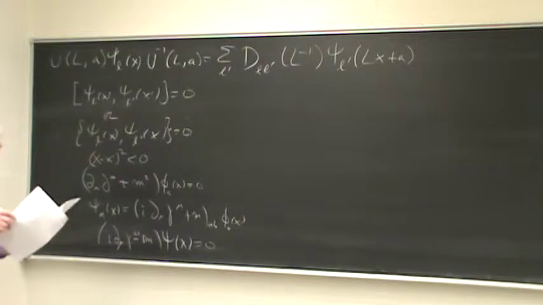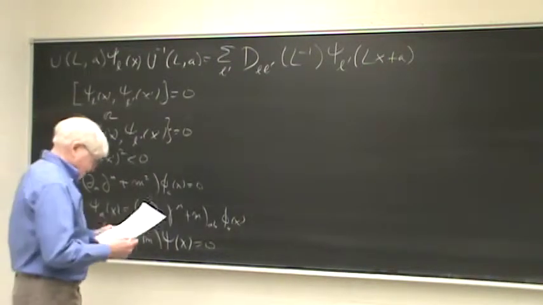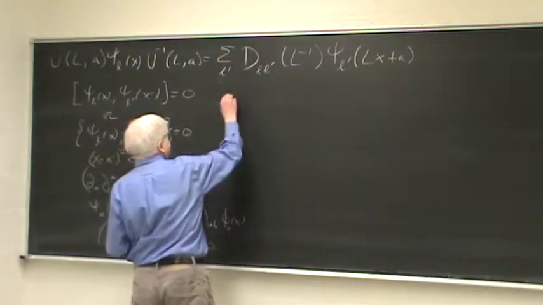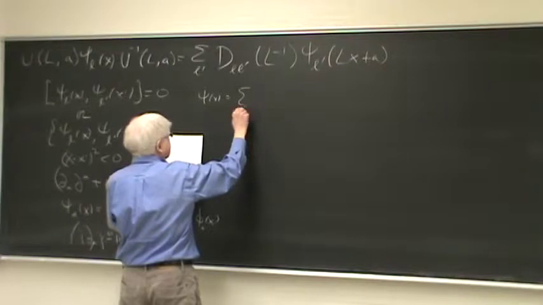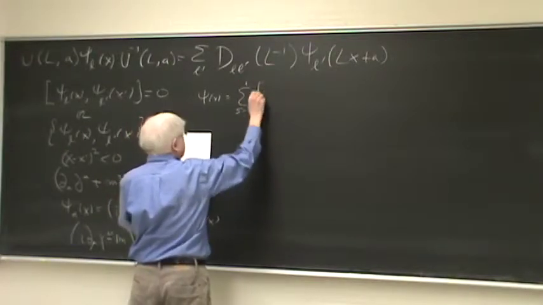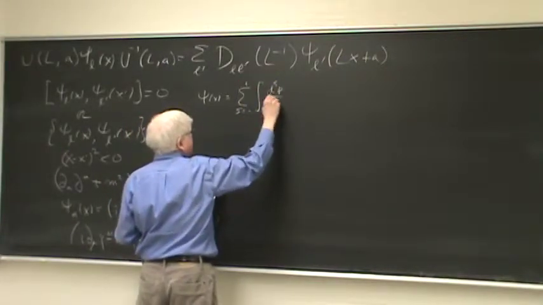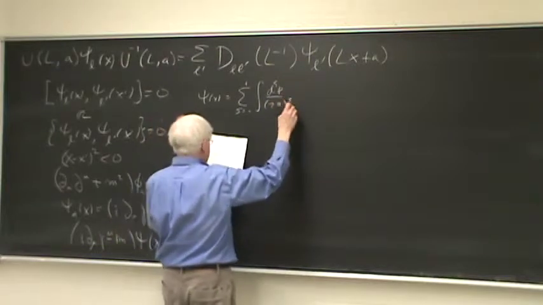And so, we of course are going to be expanding psi as the sum over the spins minus the plus integral d cubed p over 2 pi cubed.